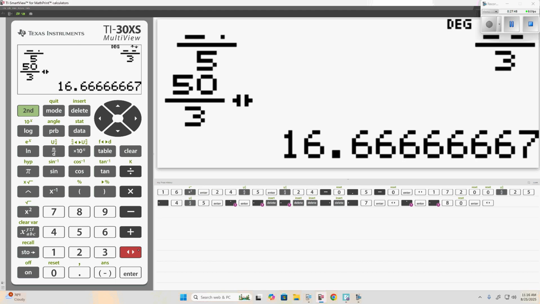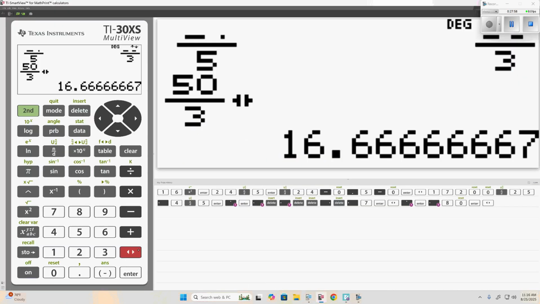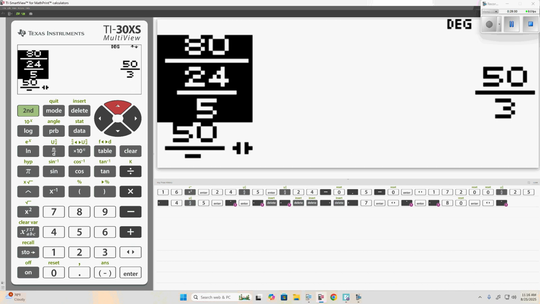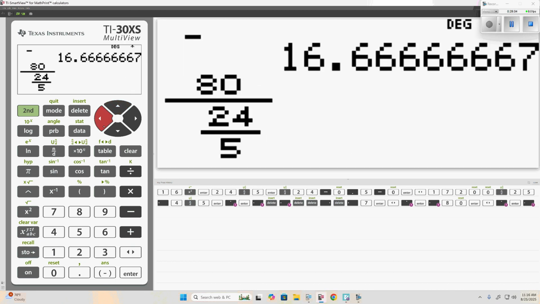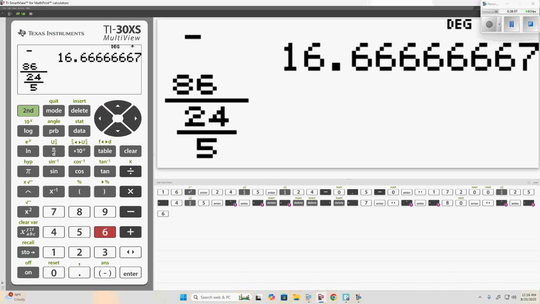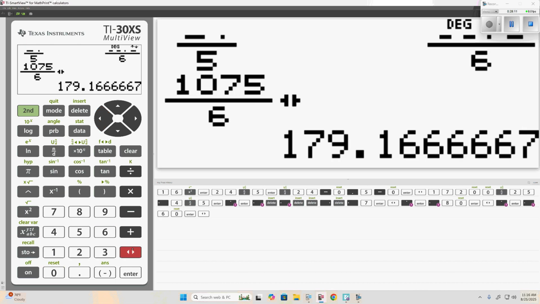So traveling at this speed, it would take you about 17 seconds. Yeah. So 179 seconds or 3 minutes.